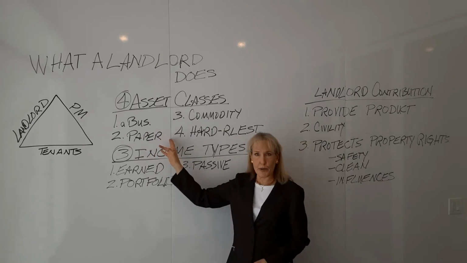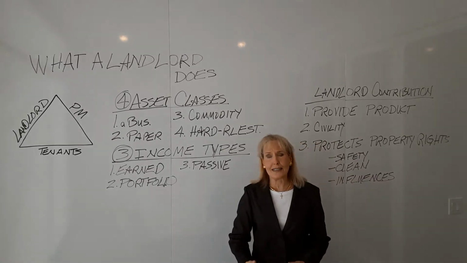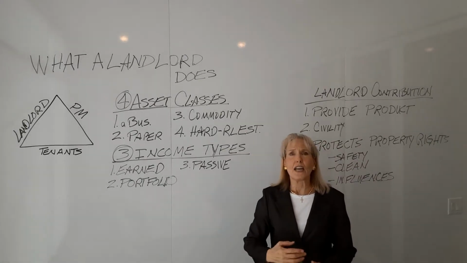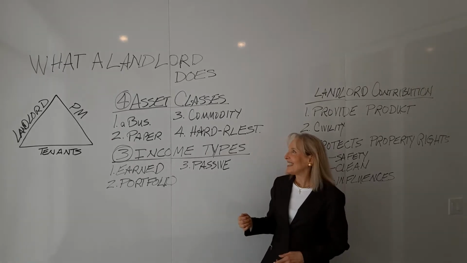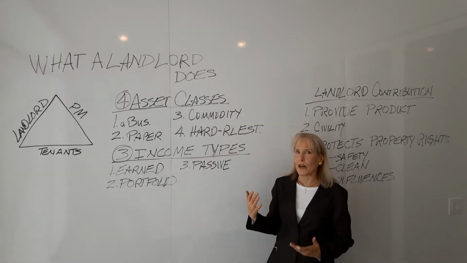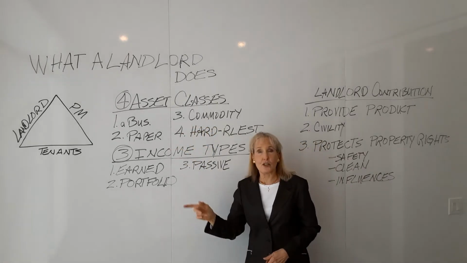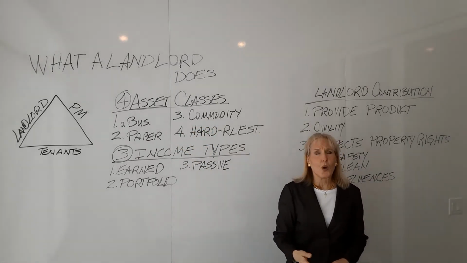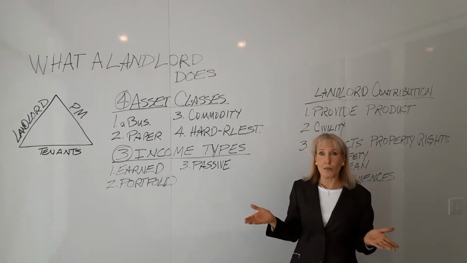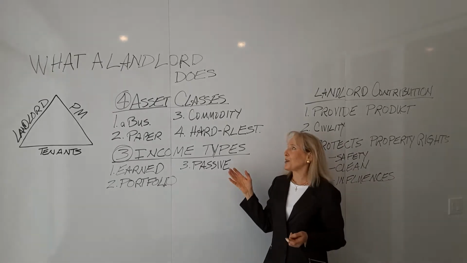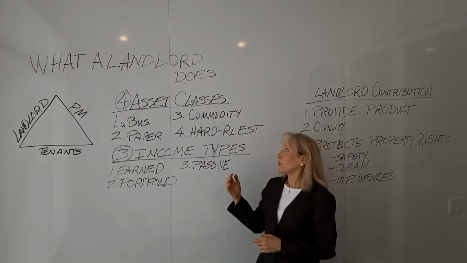The next is paper assets. That's Wall Street. That's stocks, bonds, ETFs, exchange traded funds, puts, calls, all of those types of things. Those are all paper, not hard, but paper assets. The next is commodities. That's gold, silver, copper, wheat, corn, pork bellies, all of those types of commodities, where on Wall Street you can buy futures in these commodities, hoping it goes up or down.